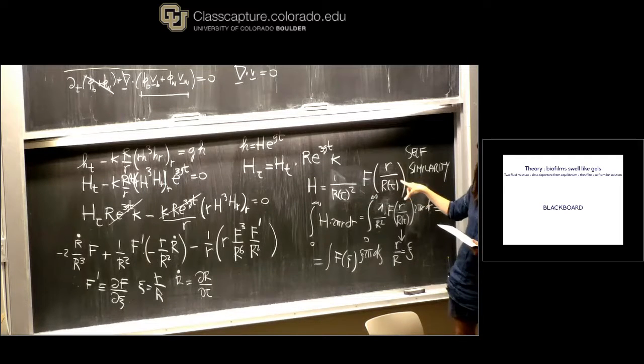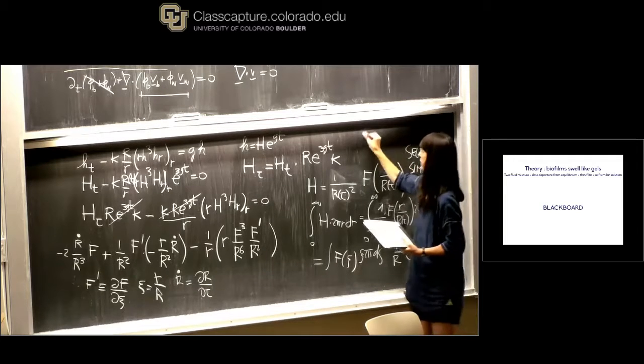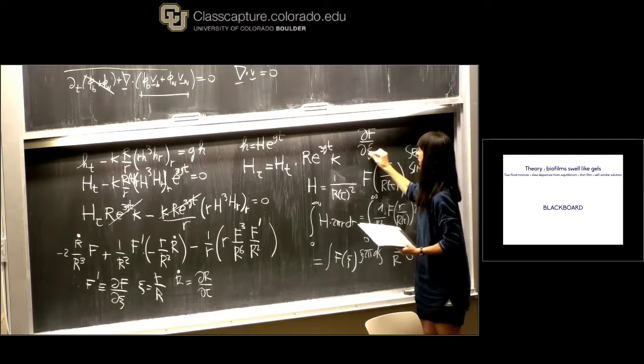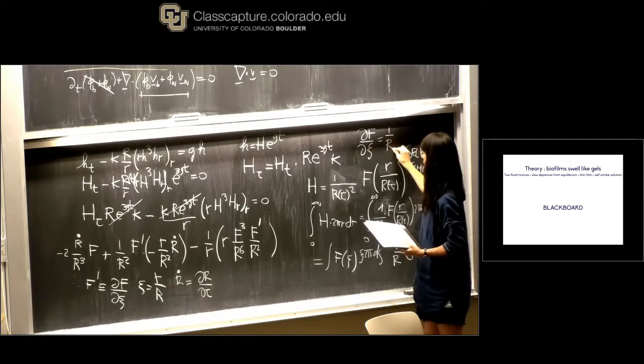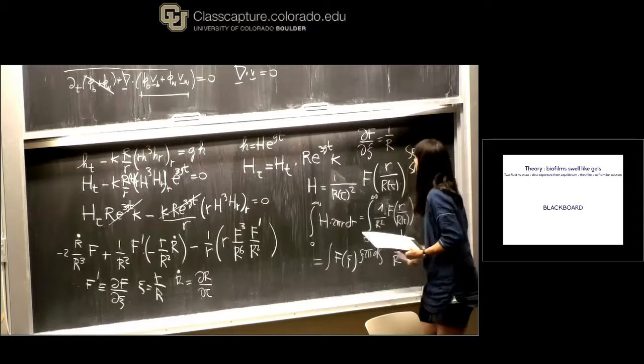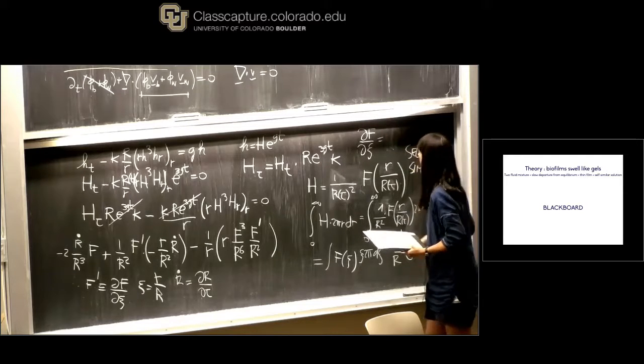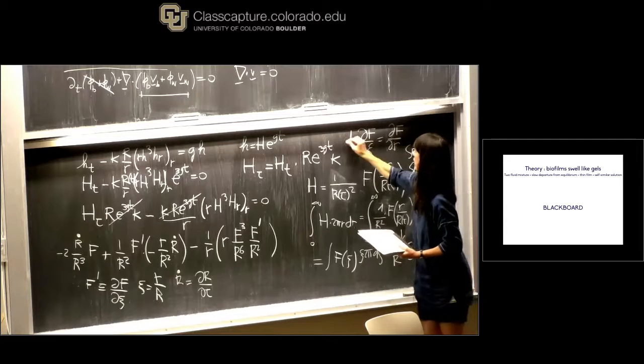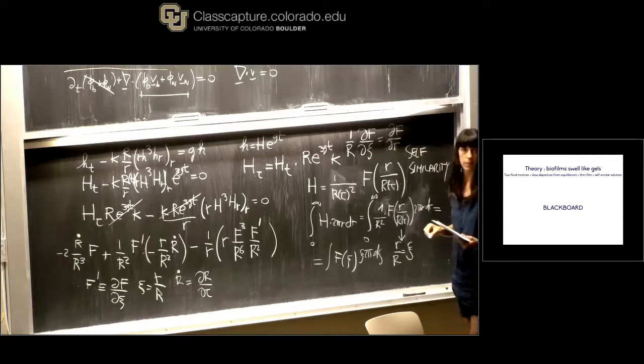So I get 1 over r, right? df over d psi equals 1 over r, sorry, the opposite. Right?